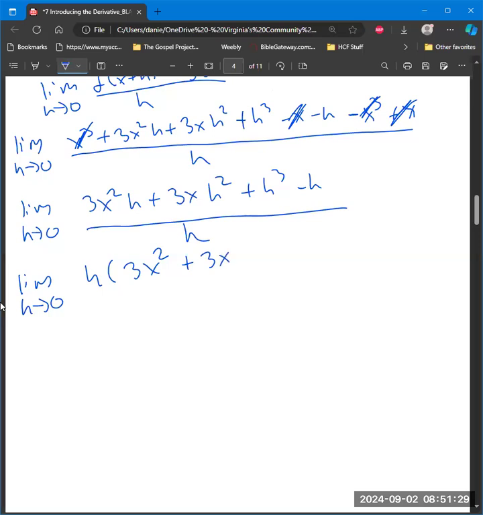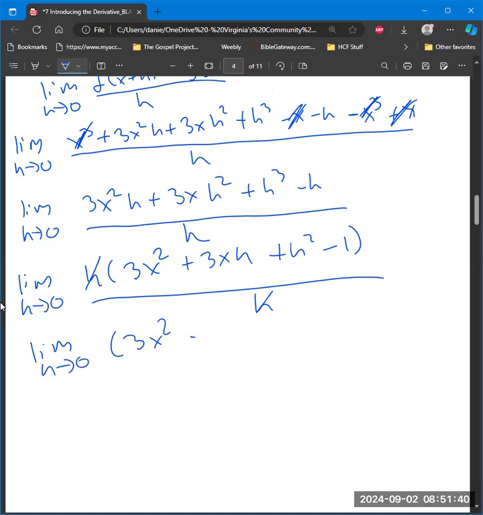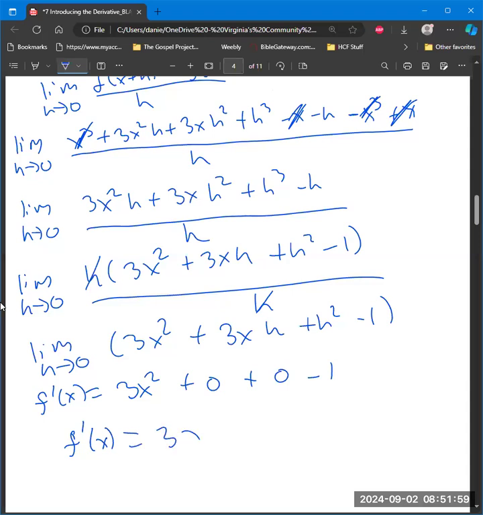I've shown you both. They're equivalent. But I like the greatest common factor technique better. Then anything that has an h left in it will be going to 0, making f prime of x equal to 3x squared minus 1.